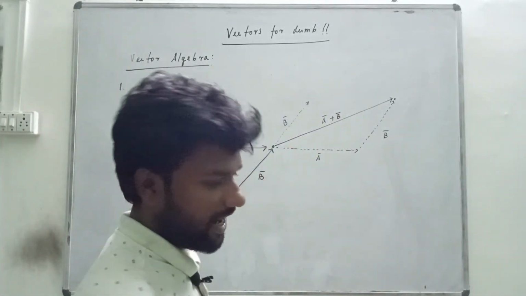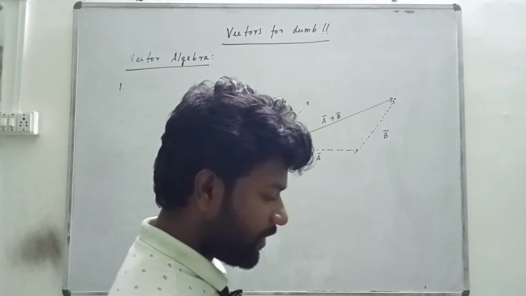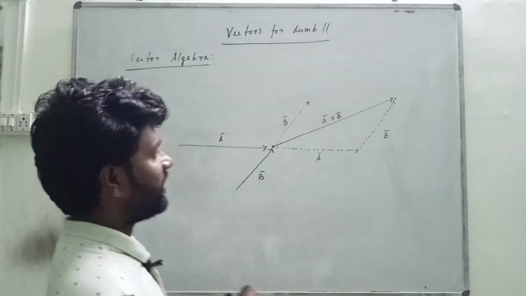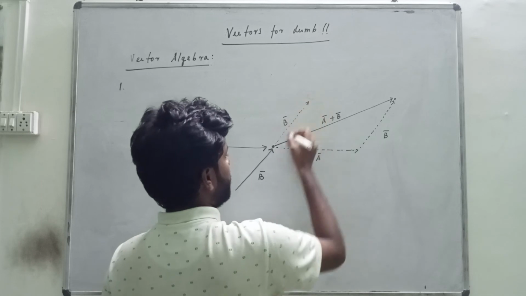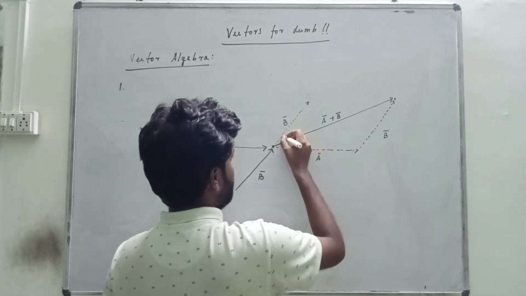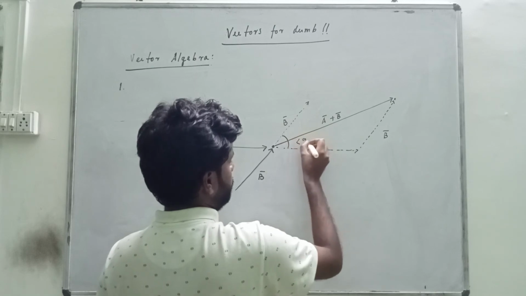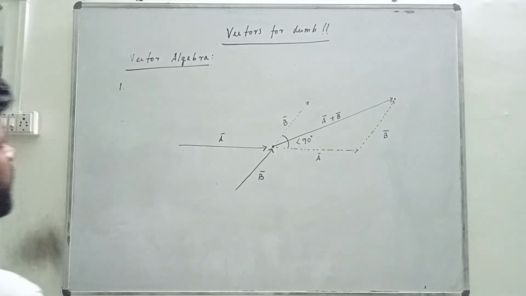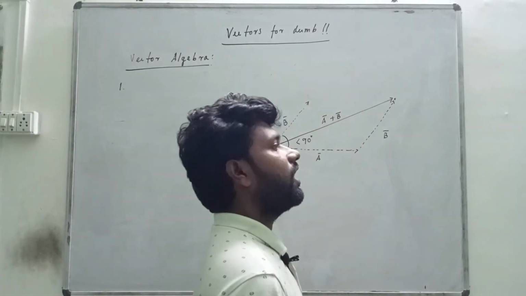The addition rule of vectors is valid for vectors at all angles, right? The angle between A and B is not 90 degrees, it is somehow less than 90 degrees. So it is our addition rule for vector algebra, right?